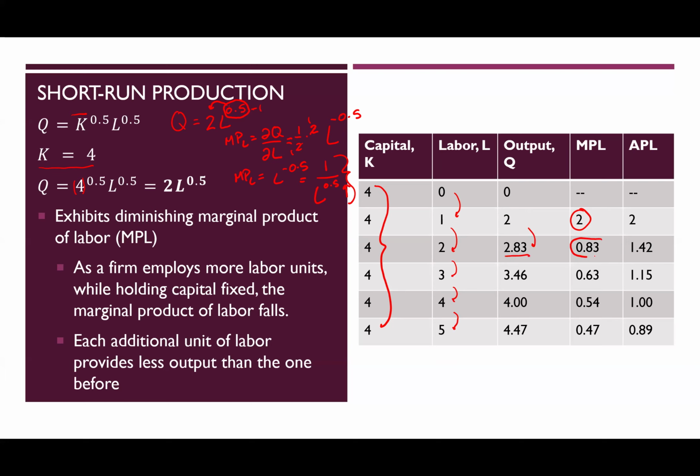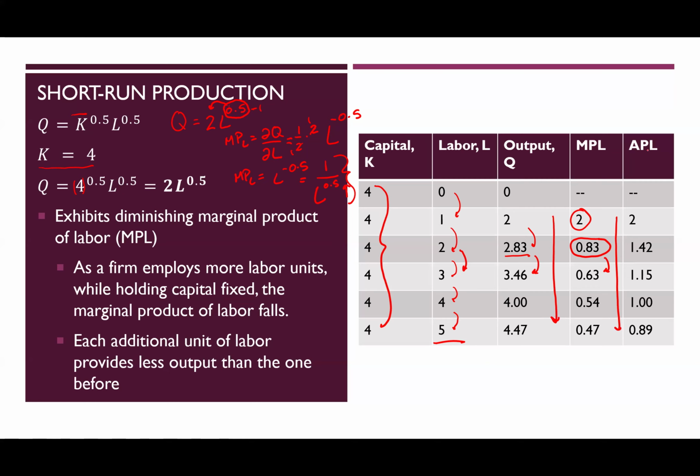And so our output goes up because of that additional worker, but only by 0.83, right? Similarly, when we jump from 2 to 3 workers, our output increases again to 3.46, but this time it's only a jump of 0.63. So you can see how marginal product falls with the amount of workers used, and our output is increasing all the way but by less each time.